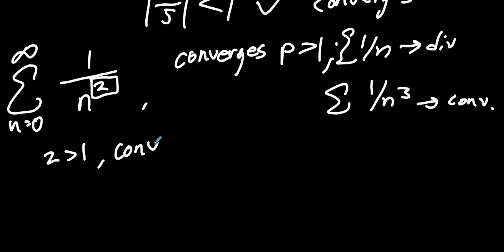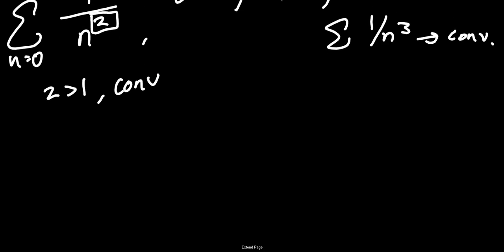Now here is probably the most confusing one, but to be honest, you can get used to it if you already know your geometric and p-series. So next is the direct comparison test. So if the series looks similar to a known p-series or like a geometric series.